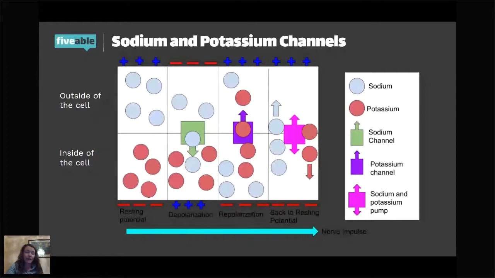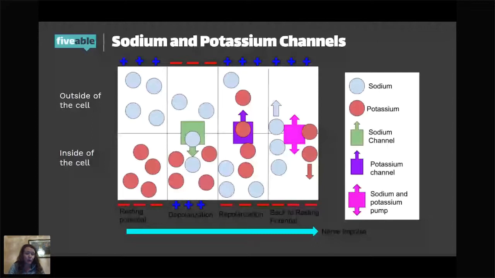They'll just diffuse naturally. But because they can only get through with those particular channels, we actually have a lot of control because those channels, if they're closed, no sodium's getting into the cell. If they're open, that sodium will be able to come through.